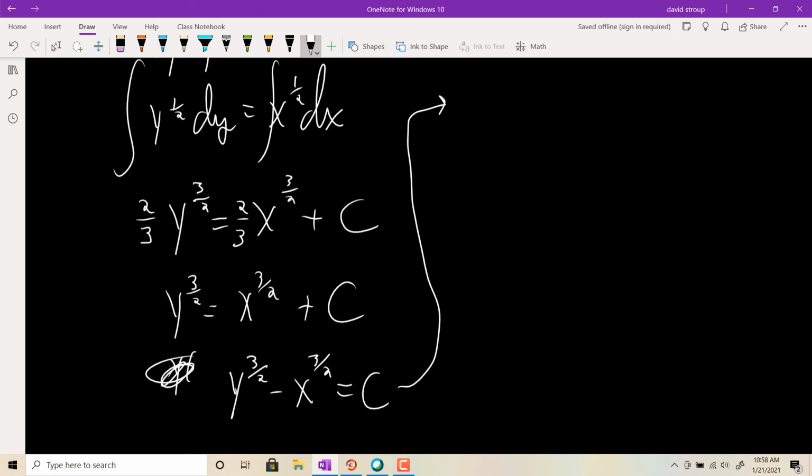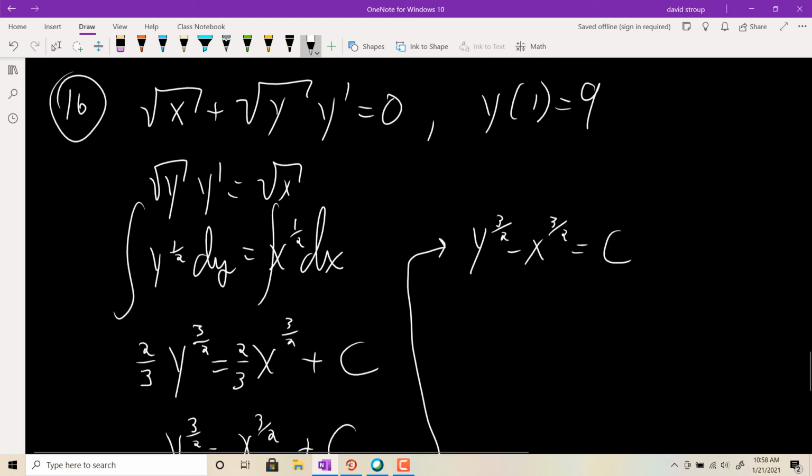And then I'm going to put in the initial condition, so I'm going to have to rewrite this. Okay, so y of 1 is 9. So the thing in here is the x, and then the 9 is the y. Okay, so we have 9 to the 3/2 minus 1 to the 3/2 equals C. 9 to the 3/2, how do I do that again?